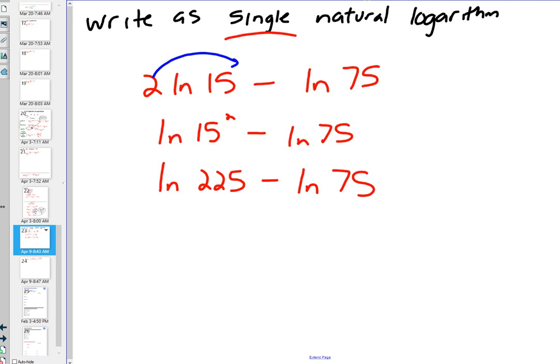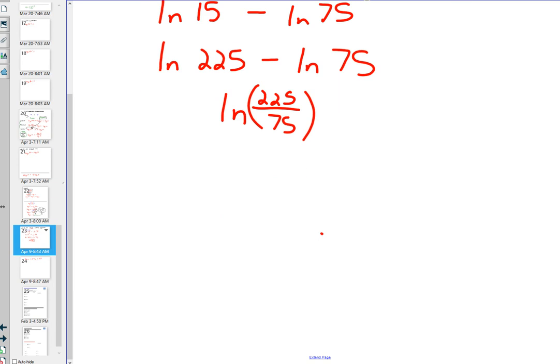How can I bring those together? Because the second log is negative, it would be quotient property. So I would have ln of 225 divided by 75. And that just gives you 3.